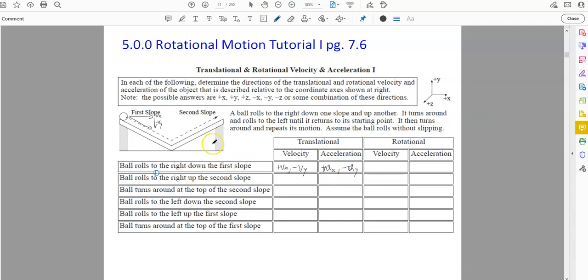But for this wheel to roll to the right, it's got to roll in this direction, which is clockwise, which means it's got a negative omega. And since it's speeding up, its omega and alpha have to be in the same direction. That's how you approach page 7.6.